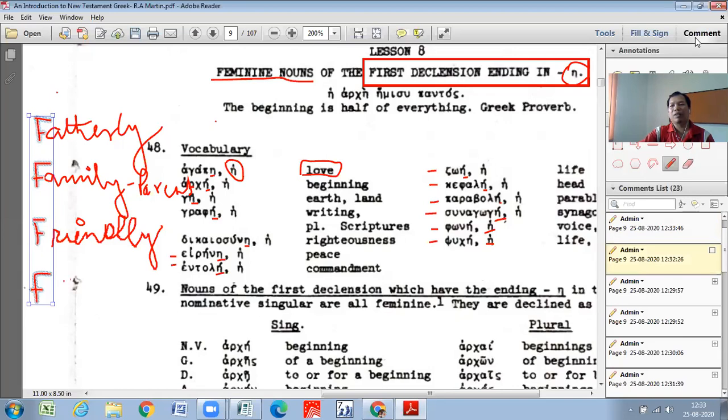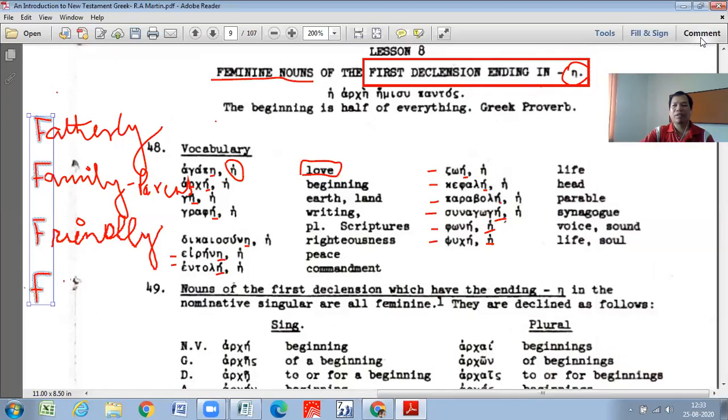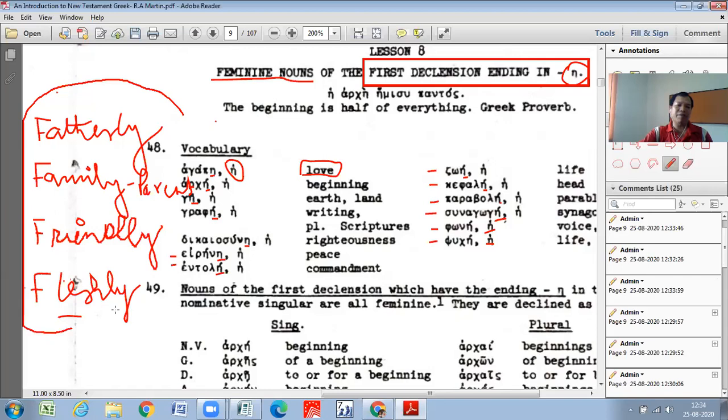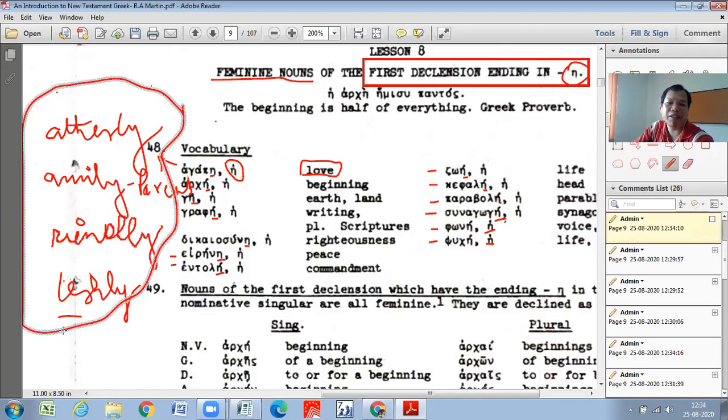Wow. This is my own composition, okay? It may be wrong, but just for you to remember, that is eros. These are the 4 kinds of love in Greek that we have. But when you say agape, agape is the fatherly love. That means God the Father. The love of God the Father is called agape. Now let's come back to our lesson.